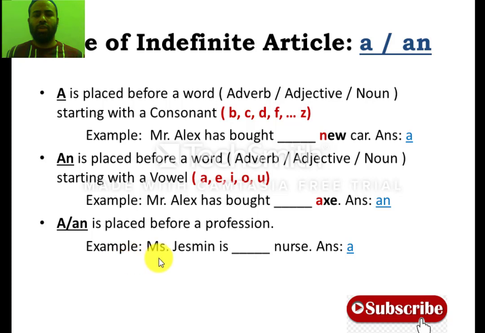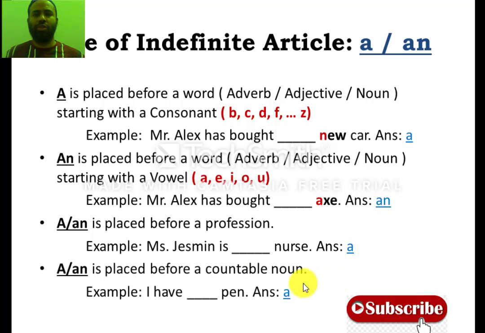Example, Miss Jasmine is blank nurse. Nurse is a profession. Teacher is a profession. Doctor. So this kind of profession, if you find in your exam paper, you have to use article a or an. And you know well where you should use a or an.